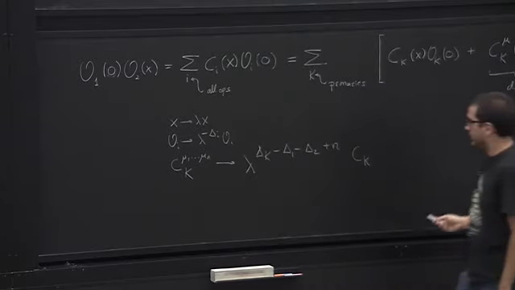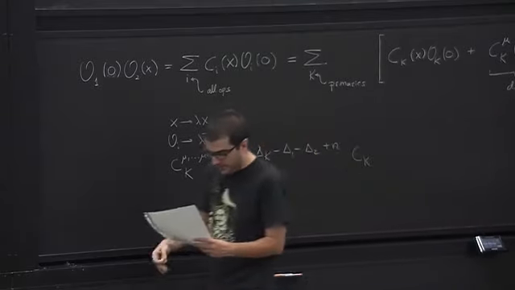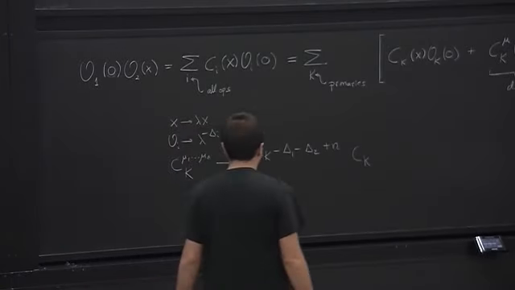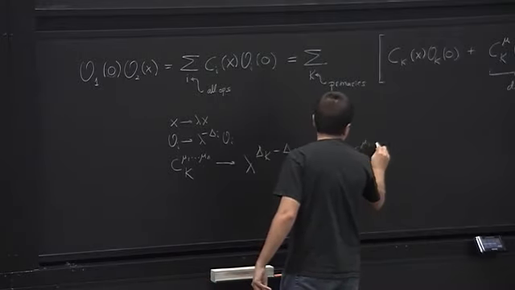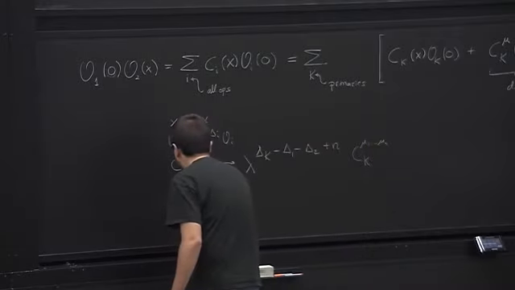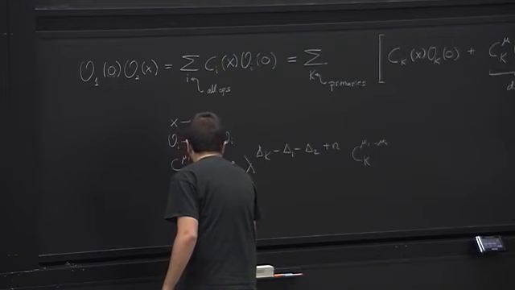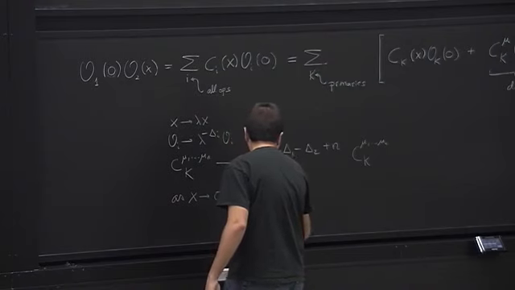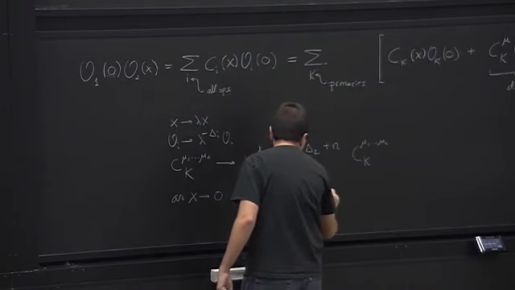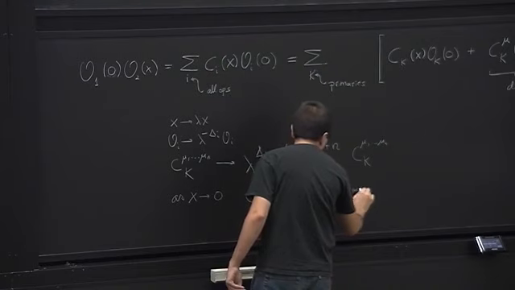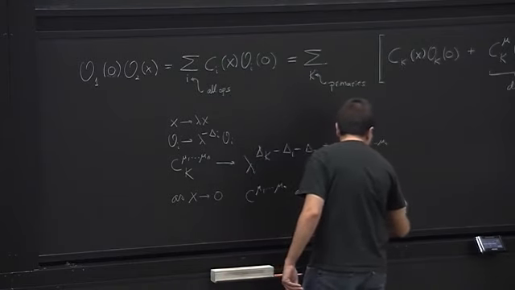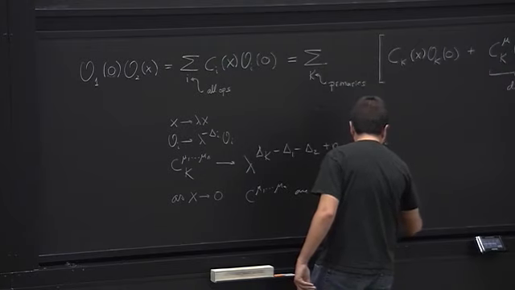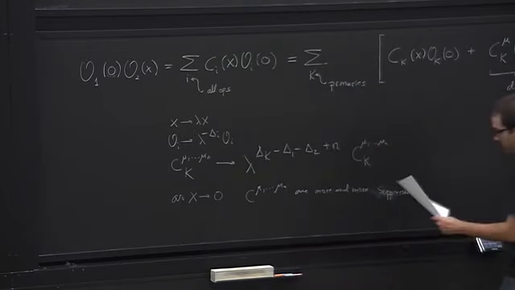So this means that the operators C_k are more and more suppressed as x goes to 0. So as x is going to 0, C^{mu1 ... mu n} are more and more suppressed. We will see this explicitly because we will compute these guys. I'm just saying that we could anticipate this just by counting powers of derivatives.